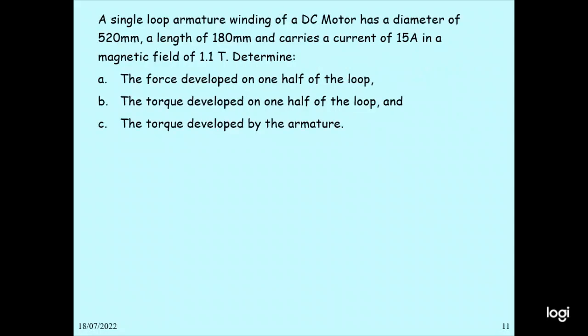We have to calculate the following. A single loop armature winding on a DC motor has a diameter of 520 millimeter, a length of 180 millimeter, and carries a current of 15 ampere in a magnetic field of 1.1 tesla. We need to determine the force developed on one half of the loop, the torque developed on one half of the loop, and the torque developed by the armature.